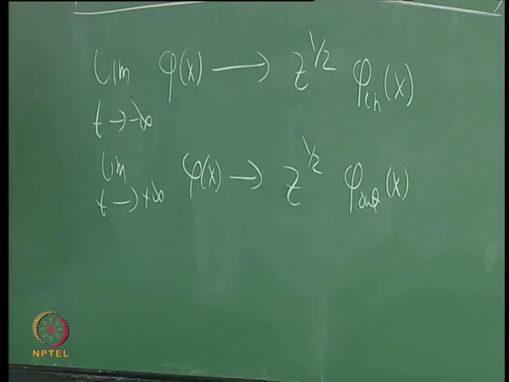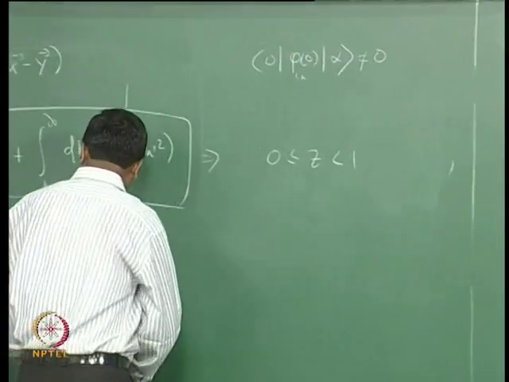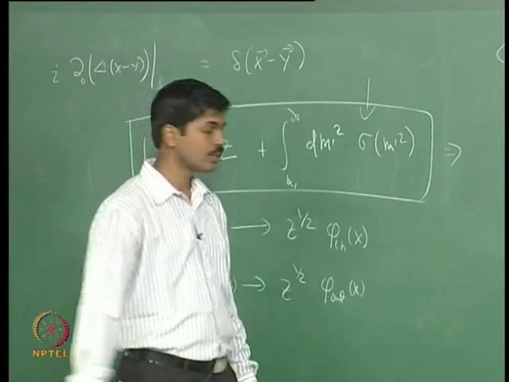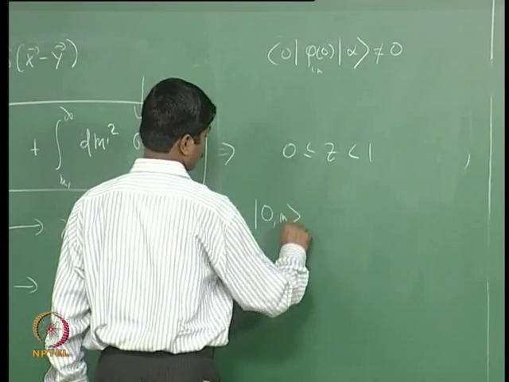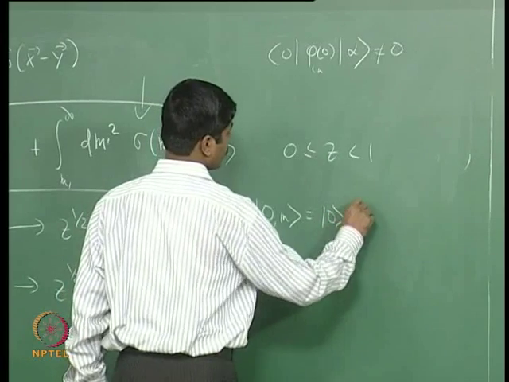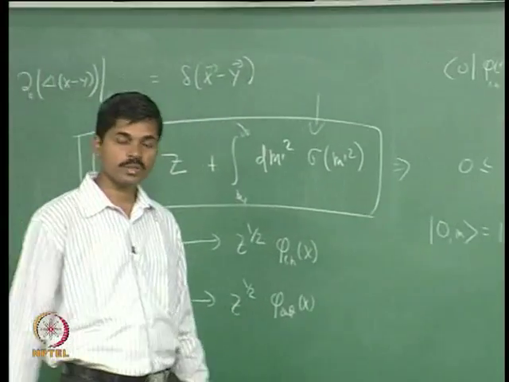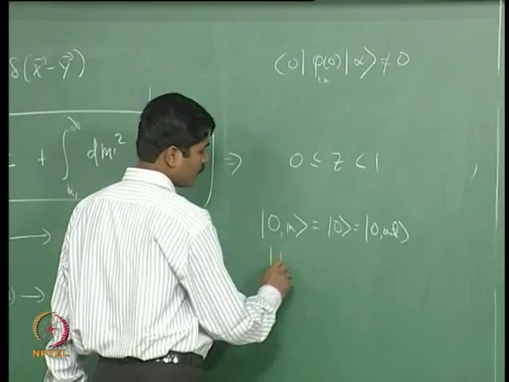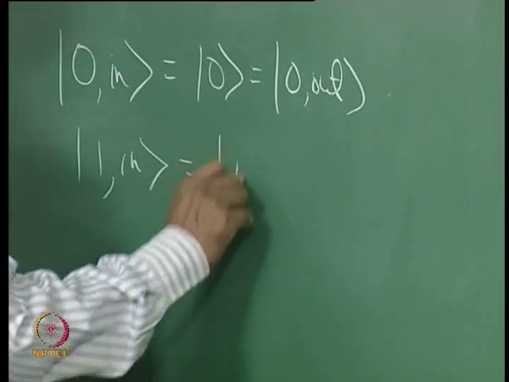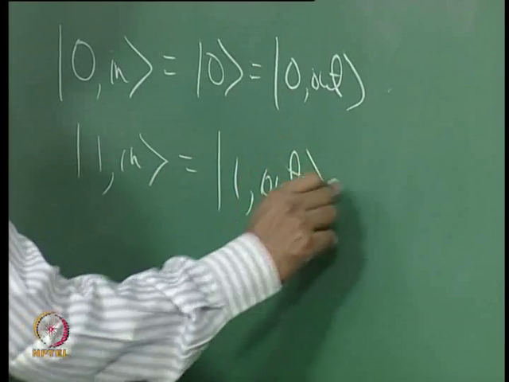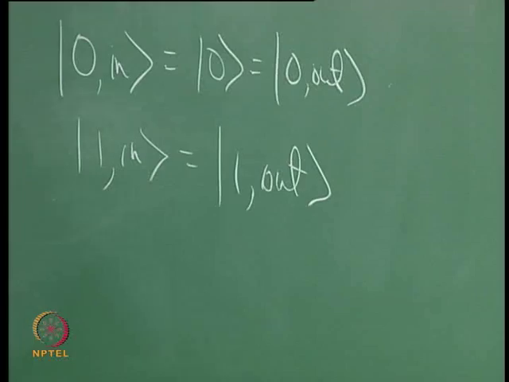The reason is the following: when you quantize, of course the ground state is unique. So your in vacuum is same as the out vacuum. The single particle states are again stable. So the single particle states are also the same, up to overall phase factor, they will be the same.